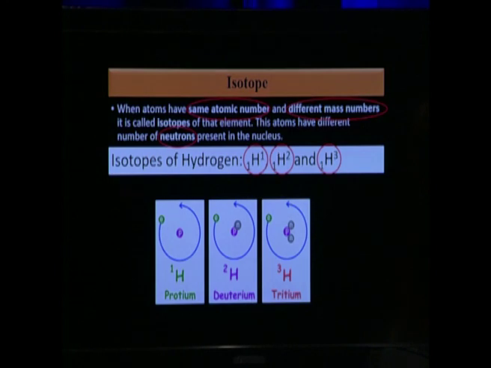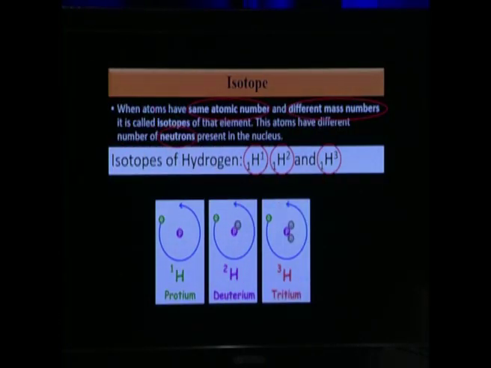Look at it: the first one, hydrogen 1, has no neutron and 1 proton, so it is H1. Next, we have H2, with 1 proton and 1 neutron. The third is tritium, which has 1 proton and 2 neutrons.